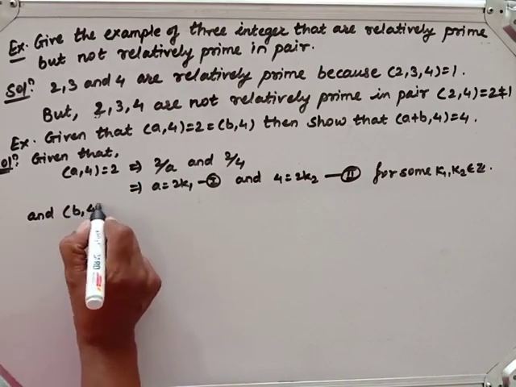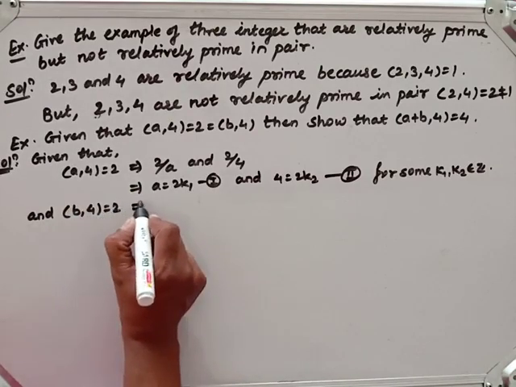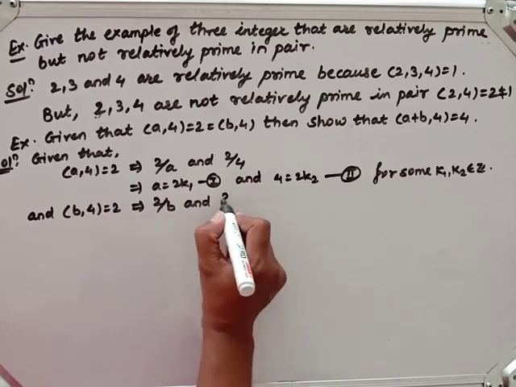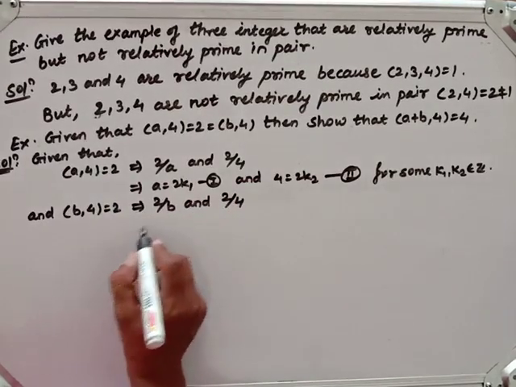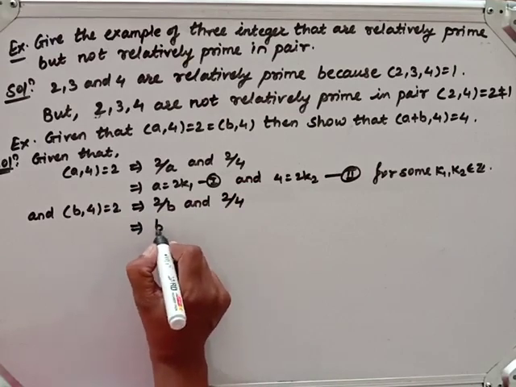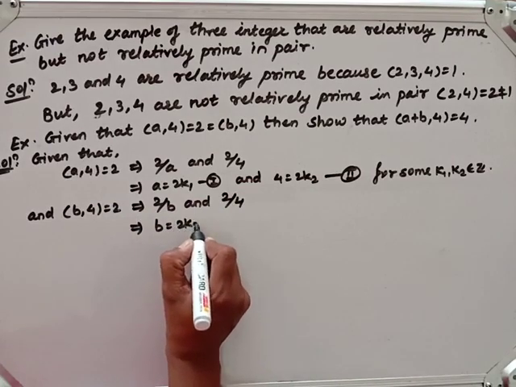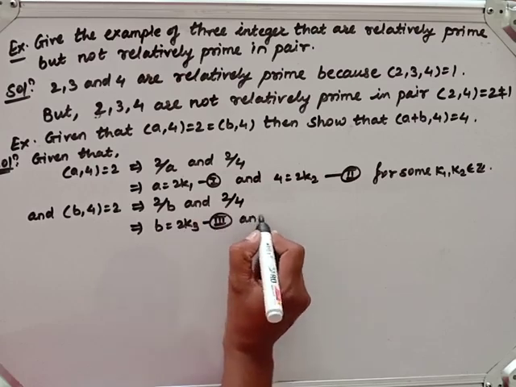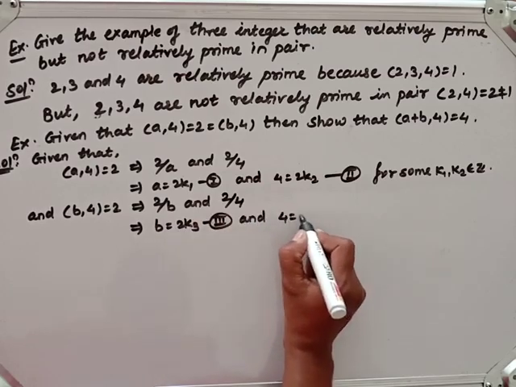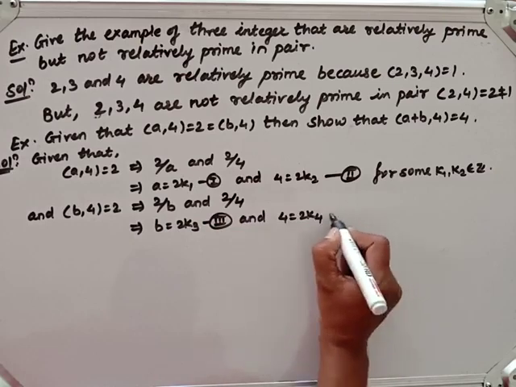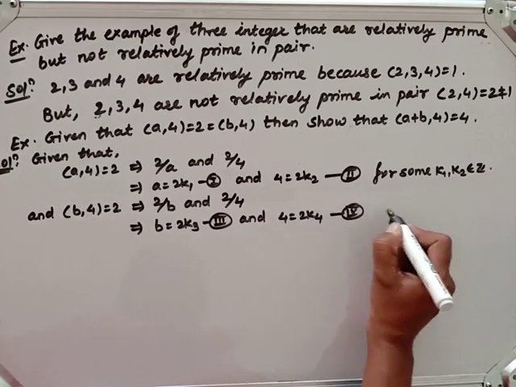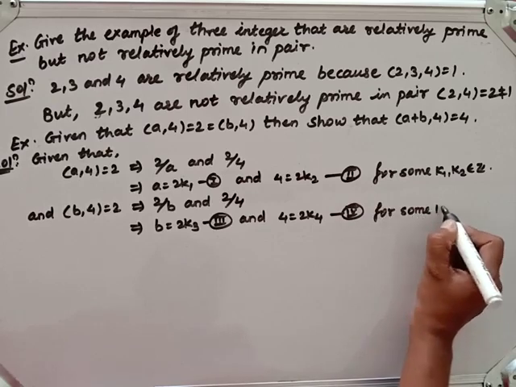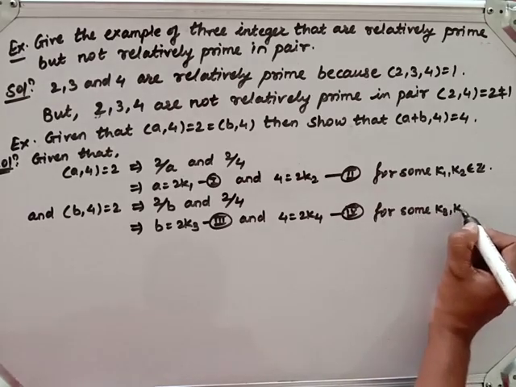And GCD of b and 4 is also 2. So 2 divides b and 2 also divides 4. So b is equal to 2k3, equation number 3, and 4 is equal to 2k4, equation number 4, for some integers k3, k4.